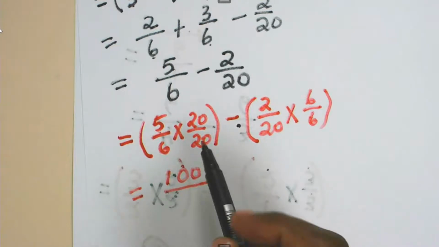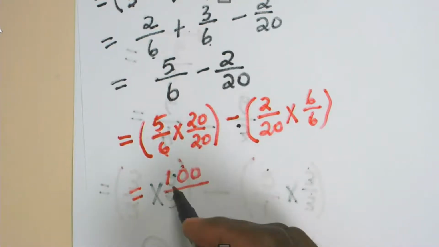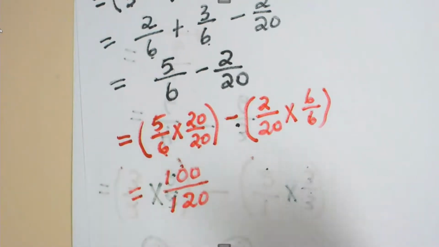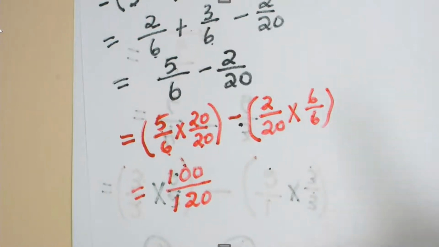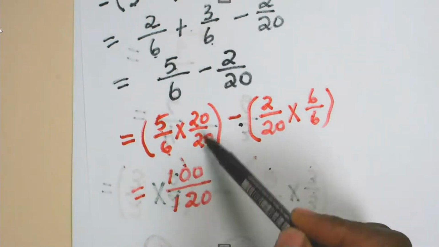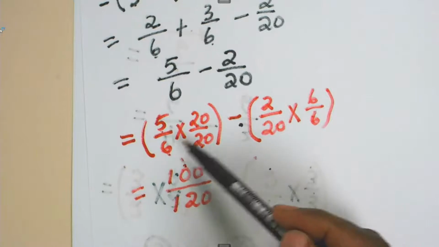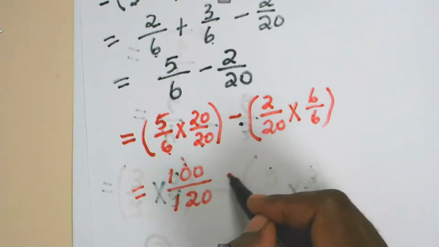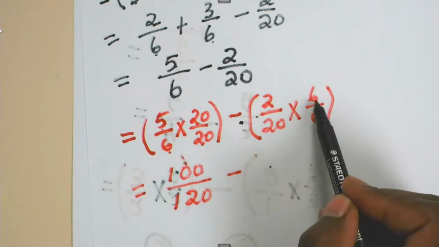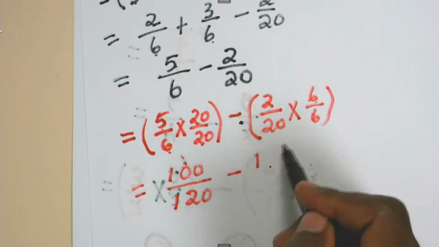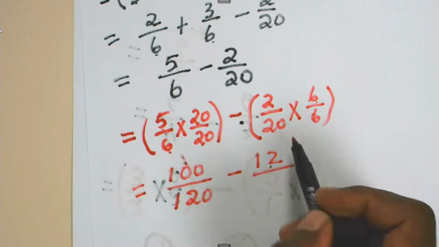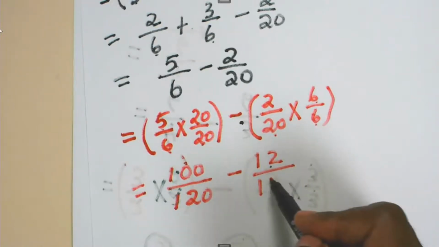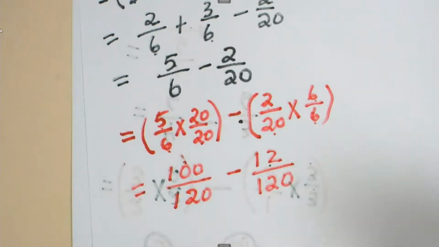All this is out of 6 multiplied by 20 equals 120. Or there's another shortcut. Say just 5 multiplied by 2 equals 10, then you add the 0 as is. Or 6 multiplied by 2 equals 12, then you add the 0 as is. Minus 2 multiplied by 6 equals 12. And then 20 multiplied by 6 equals 120.